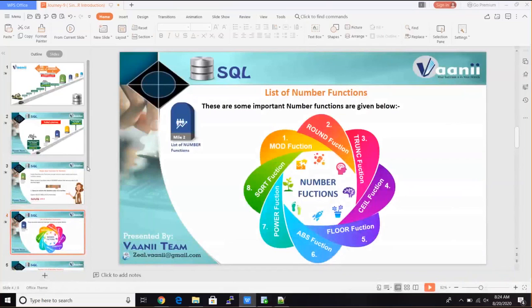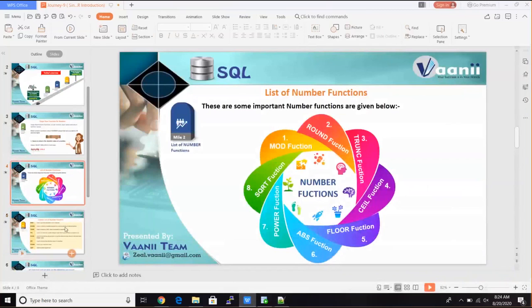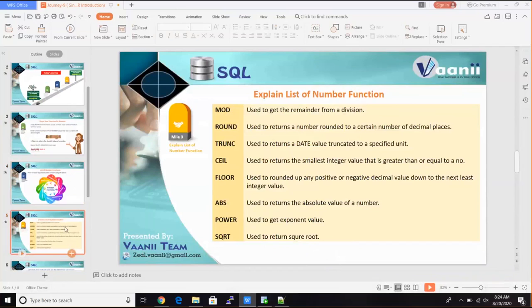I will see you in the subsequent journey to get details about all these functions and their syntax. Let's do a quick recap. Mod gets the remainder value. Round up, and trunc just removes the specific decimal unit from there.